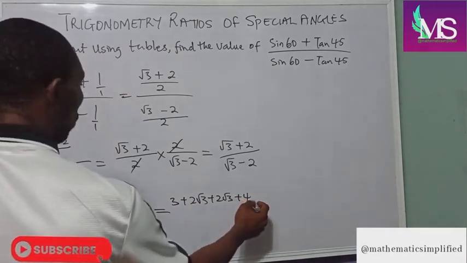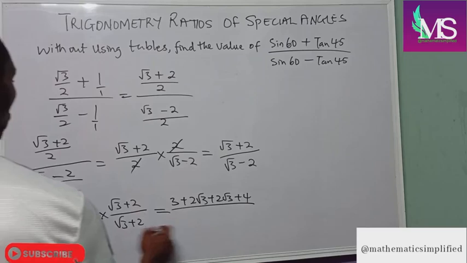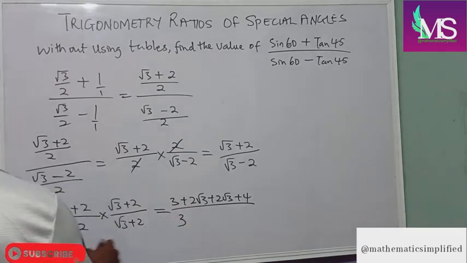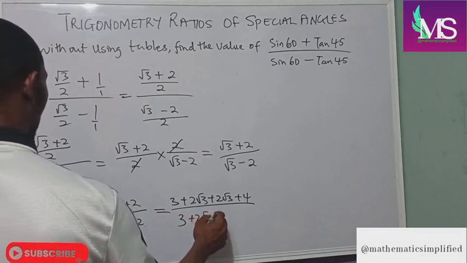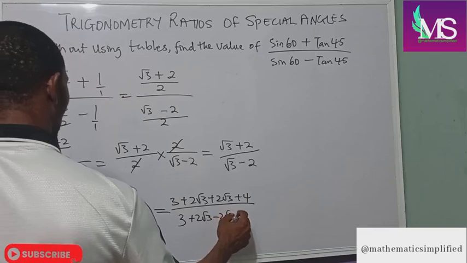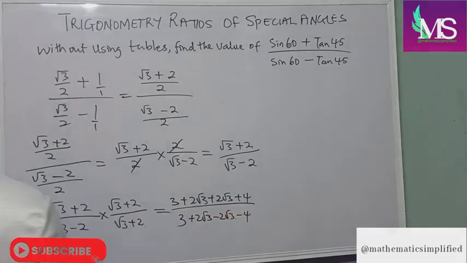2 times 2 will give us 4, all over, this will give us 3 plus 2 root 3 minus 2 root 3 minus 4.